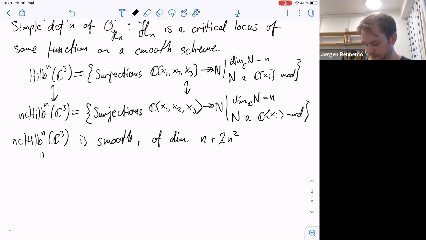You can describe this by taking this particular vector space and taking the GIT quotient by the natural action.